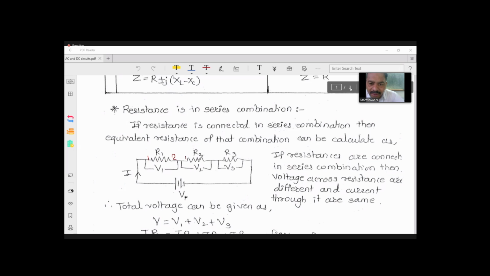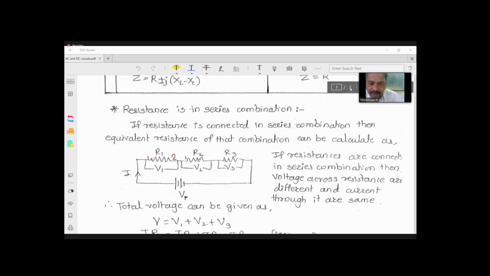Suppose I am showing here the symbol of an ohm meter. This is the symbol of an ohm meter. Then we will get the addition of the three resistances: 10 plus 5, 15 plus 2, 17. It is very simple. Three resistances are connected in series, that's why we simply get the addition of resistance.